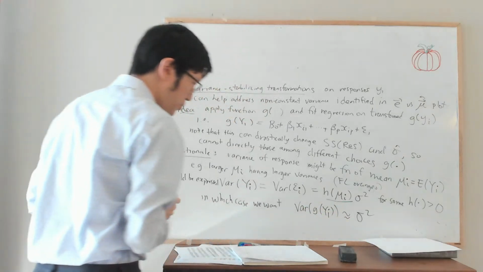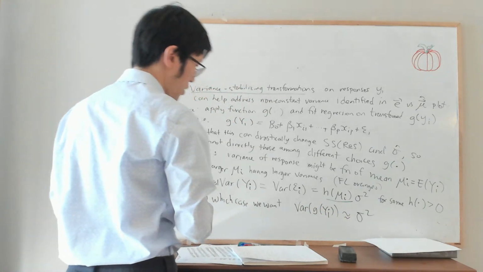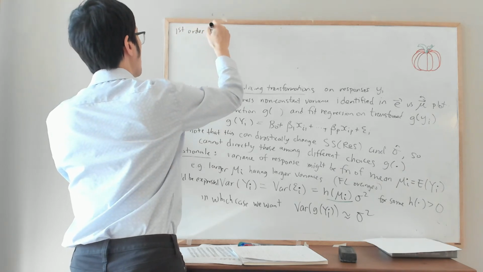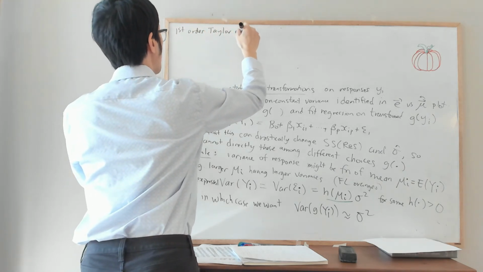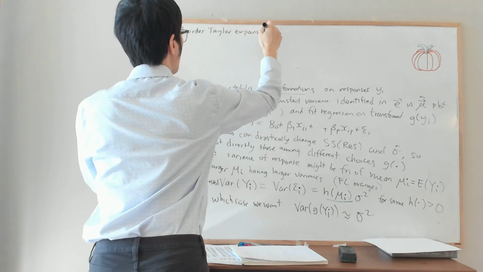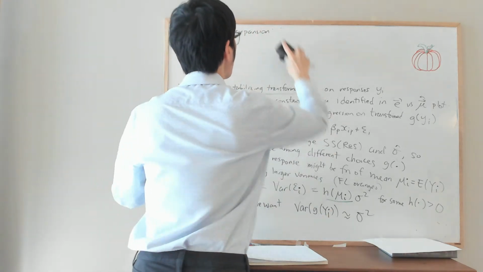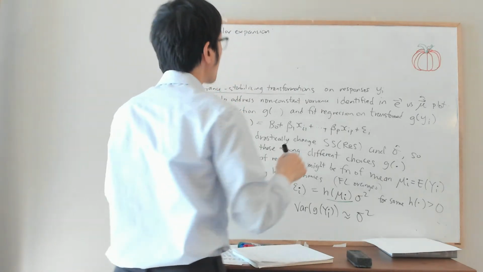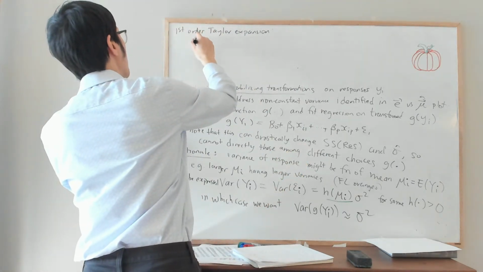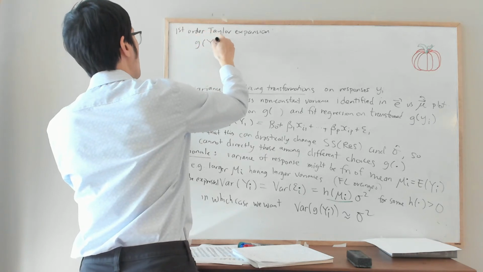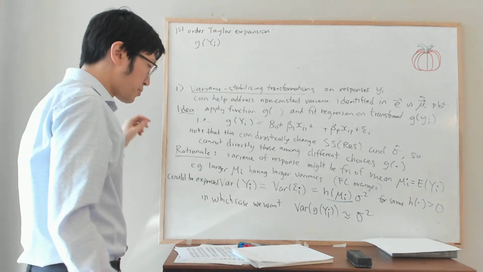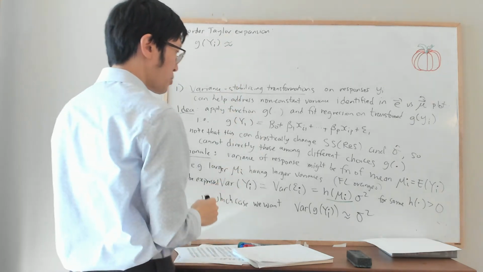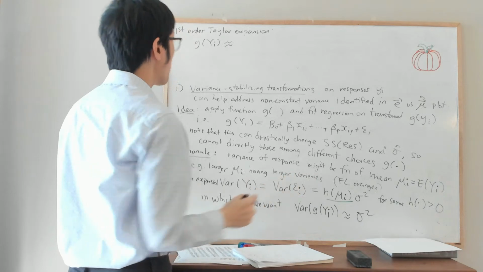So we do a first order Taylor expansion on g of yi, expanding around the expected response mu i.